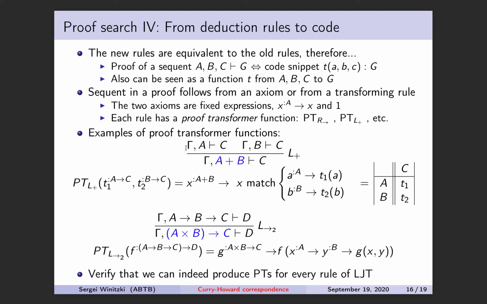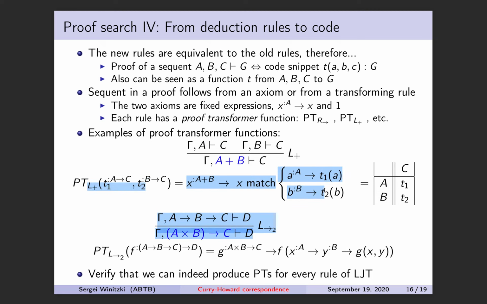So here's an example. This is the rule L plus. It has 2 premises, which are sequents, and the goal, which is this sequent. And so the proof transformer for this rule takes 2 functions, which are functions of type A to C and B to C, because that is how it is more convenient to write sequents.